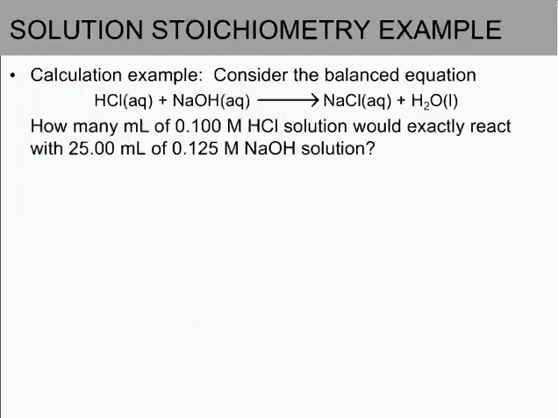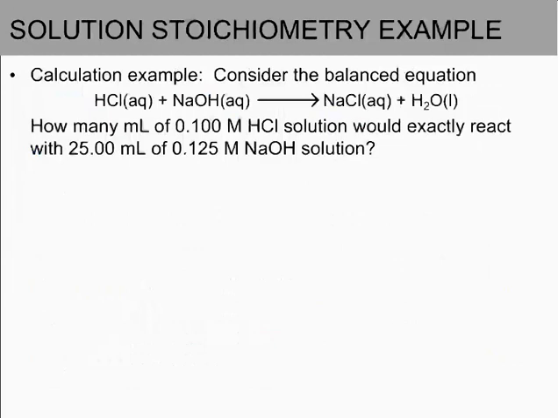Okay, so let's go over a stoichiometry example. In this example, we're going to mix together hydrochloric acid and sodium hydroxide, and that's going to produce sodium chloride and water.